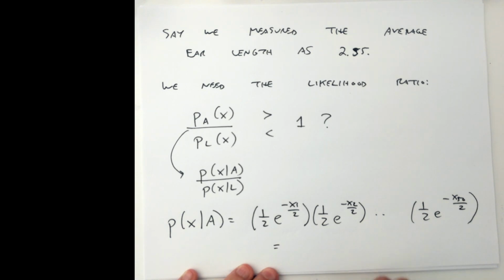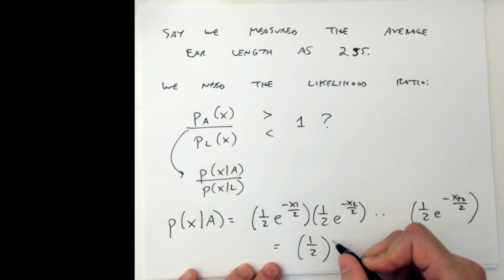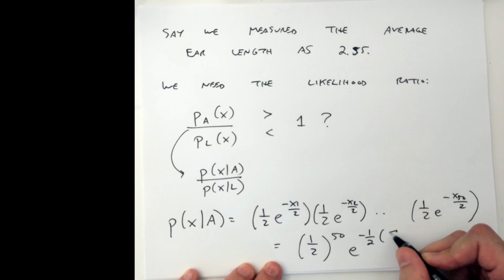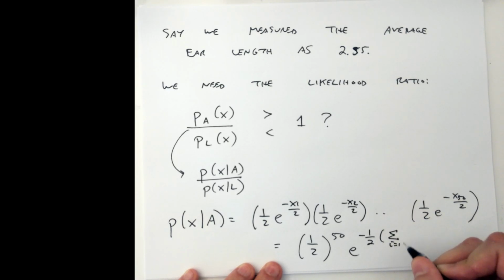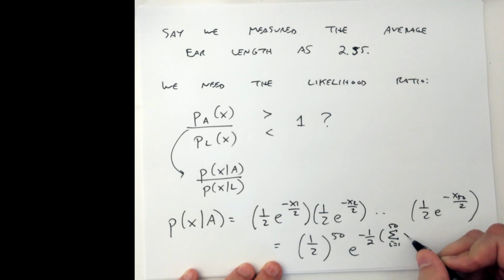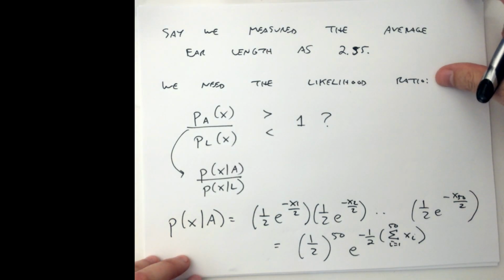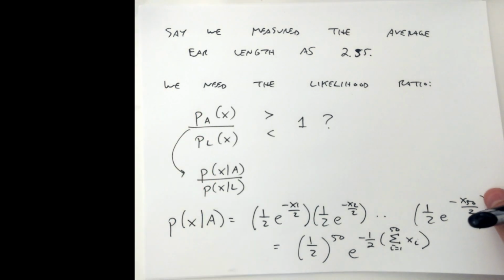So this is going to be 1/2 to the 50th power times e to the 1/2 times the sum from i equals 1 to 50 of the xi's. And in the same way, I'm going to have the same kind of PDF for the llamas, except with a third instead of a half, right?